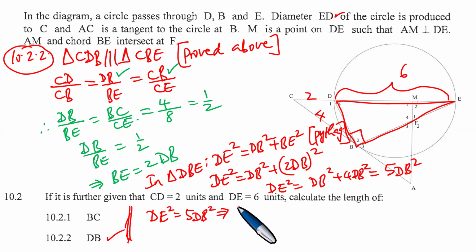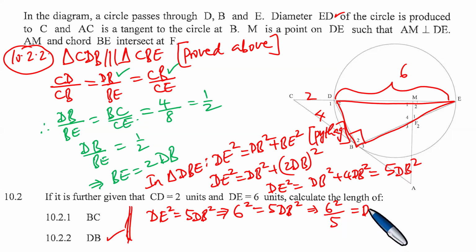DE squared is 6 squared, which is equal to 5 DB squared. Which means 6 squared over 5 is DB squared. Then you take the square root on the left and the square root on the right.